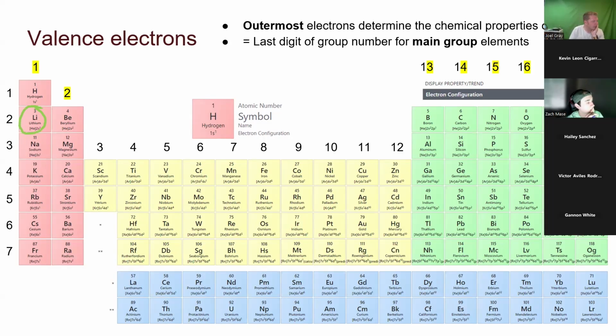And then let's talk about magnesium. Not a Nirvana song. These two atoms have one valence electron and two valence electrons, respectively.